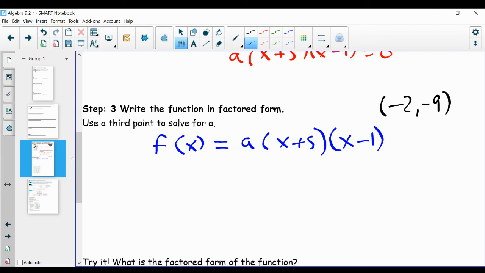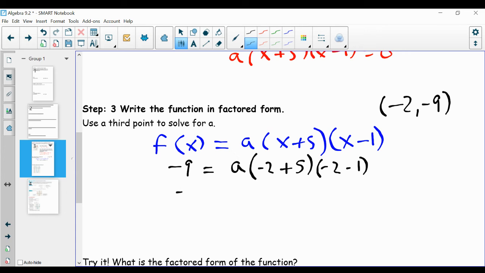So f of x is just a fancy way of saying y. Therefore, I'm going to substitute in a -9 for f(x). And everything else is the same except for x, which I'm going to substitute as a -2, because when x is -2, y is -9, at least in this particular function.